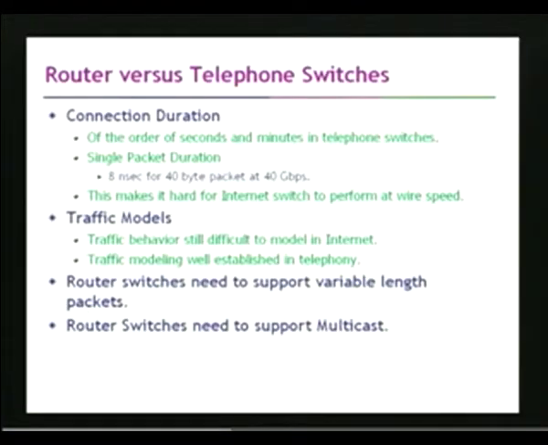The third major difference is, as I already pointed out, that router switches need to support variable length packets, and this makes the job of the switching considerably complex. On the other hand, in telephony, the connection will be sliced into time slots, and therefore variable length packets are not really an issue.